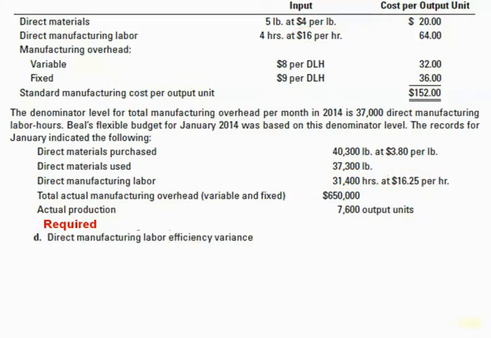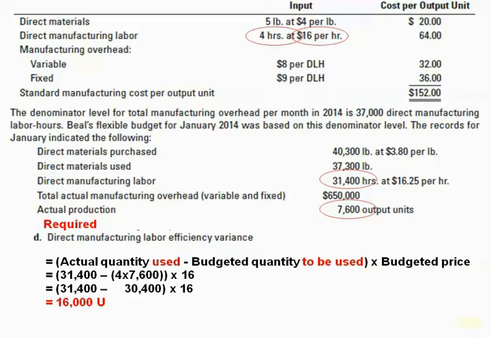Requirement number 4: calculate direct manufacturing labor efficiency variance. Efficiency variance equals actual quantity used minus budgeted quantity to be used, multiplied by budgeted price.